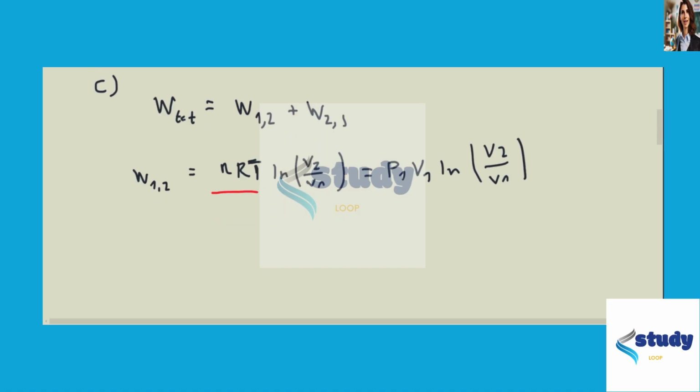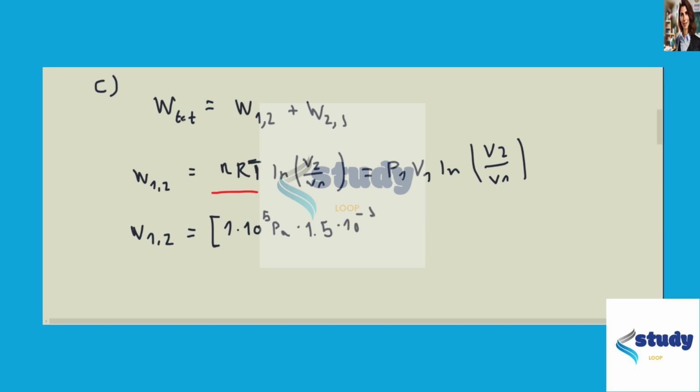So here we can simply substitute the known values. Work from 1 to 2 is, I'll use square brackets, 1.10 to the 5th power pascals times 1.5 times 10 to the minus 3rd power.